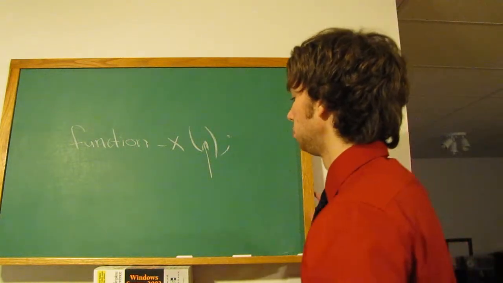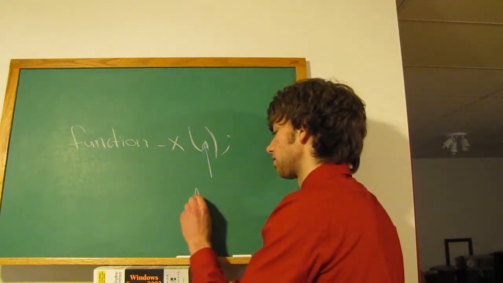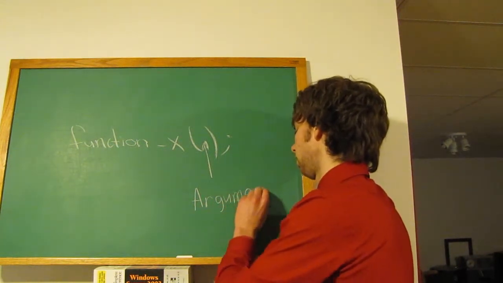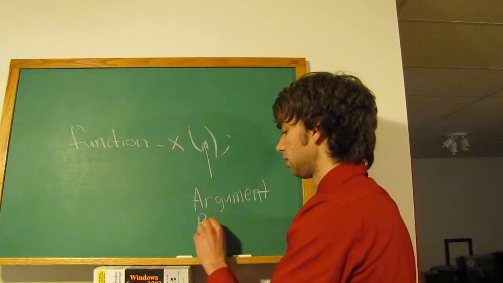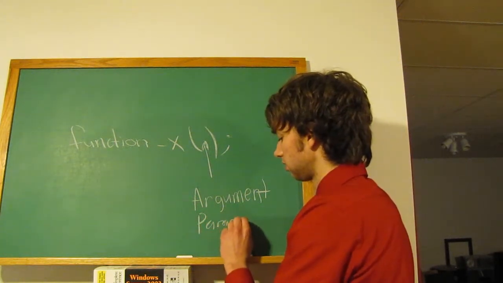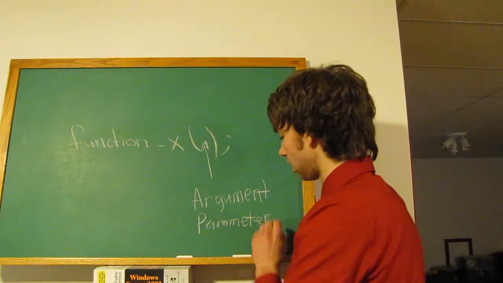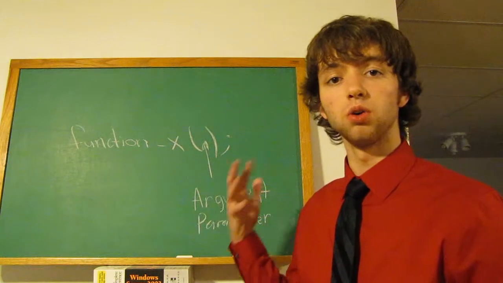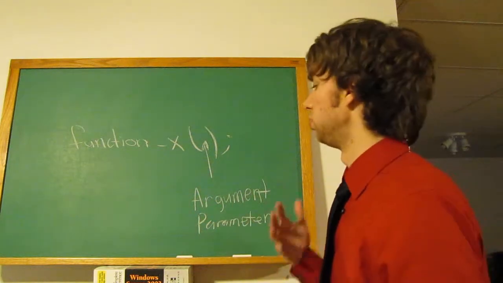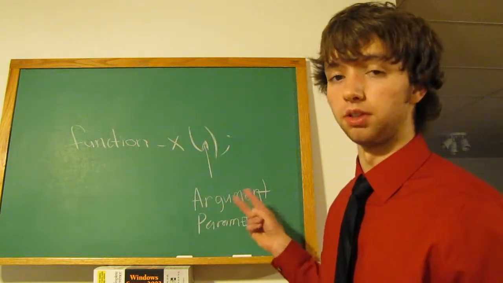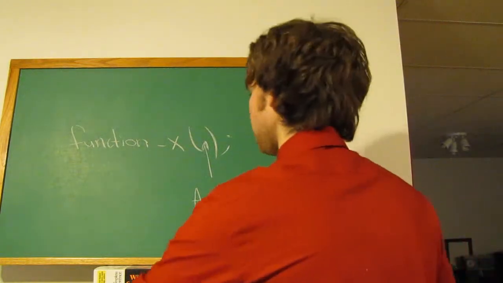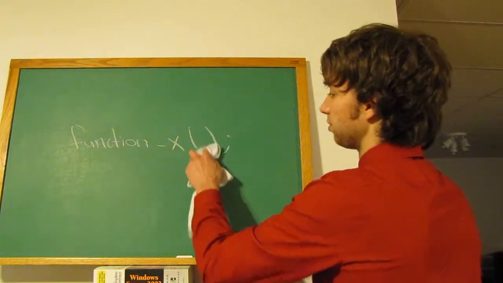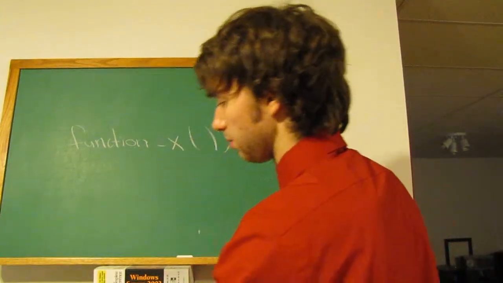Alright, so we would put in what's known as an argument, and you may also hear the term parameter. And for the longest time, I did not know the difference between these two terms, but as we go in this video and in the next video, we will understand the difference between these two terms perfectly. But as for now, that doesn't really matter. All you need to know is sometimes it'll take in information, other times it will not.